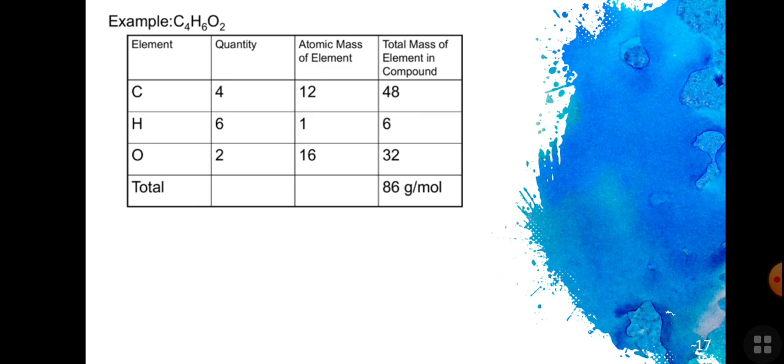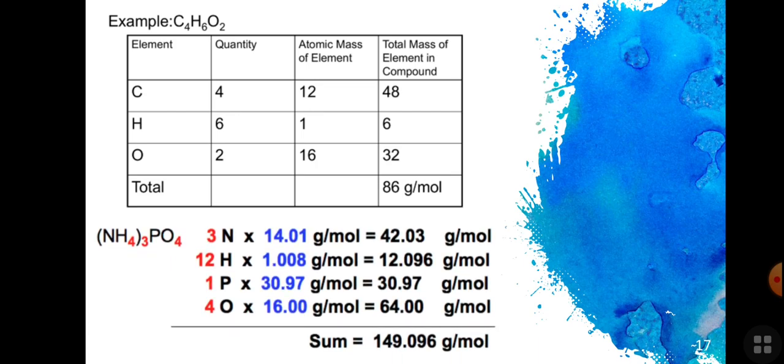Another example, we have ammonium phosphate. Ammonium phosphate, again, determine the number of elements present in the compound.